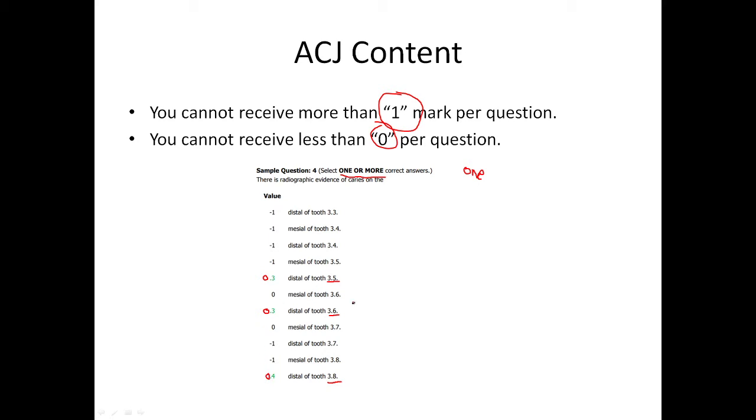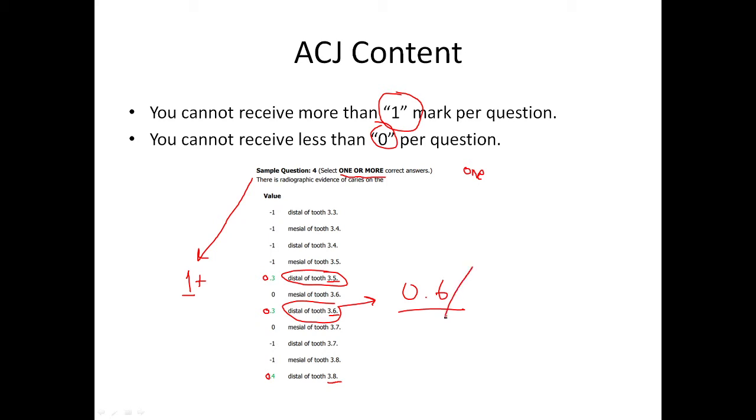So if you selected all of these, you would get +1, right? That means for this question, you got +1. And if you did that for every question, then you'll get a perfect mark, okay? Now, if you answered only this one and this one, then you get 0.6 of the mark, okay?